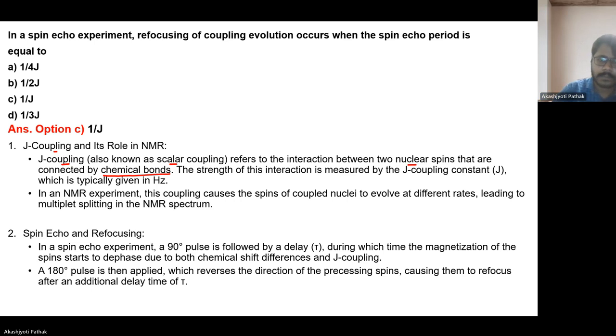So the strength of this interaction is measured by the J coupling constant, denoted by J, and it is typically given in hertz. The unit is hertz. So in an NMR experiment, coupling causes the spins of the coupled nuclei to evolve at different rates, leading to multiplet splitting in the NMR spectrum.